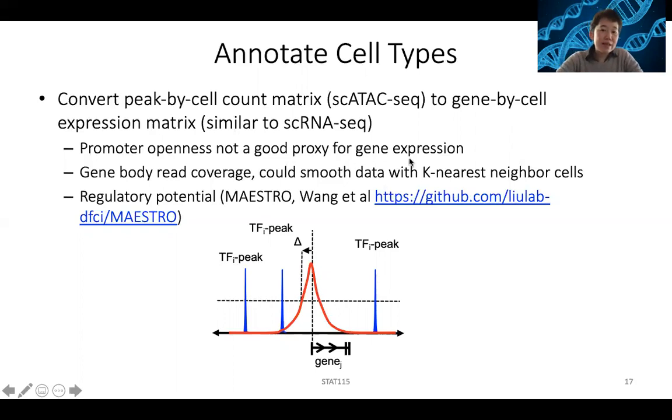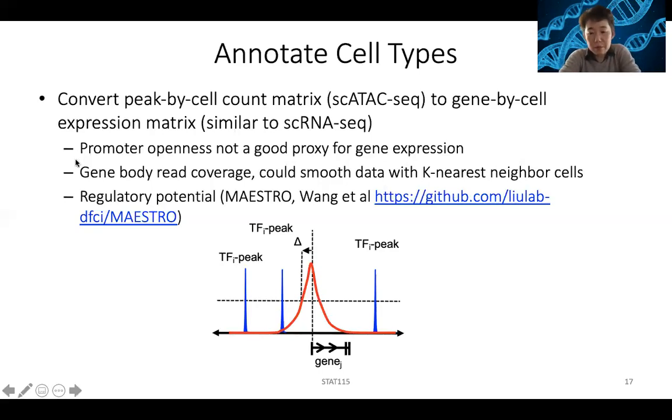And so the question is, if we know in each single cell what regions are open chromatin, remember that the peak by cell matrix can be hundreds of thousands of lines long, because if you look at ATAC-seq data, you usually get hundreds of thousands of peaks. Whereas the gene by cell matrix, you have about 20,000 genes per cell, right? So we need to reduce hundreds of thousands of rows into about 20,000 genes. How do we do that?